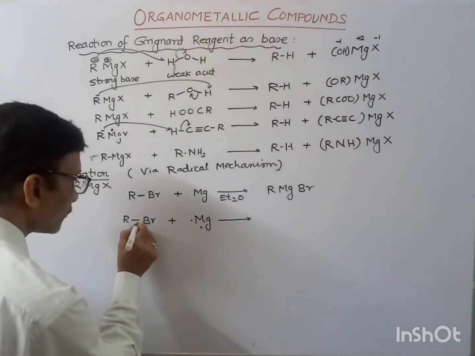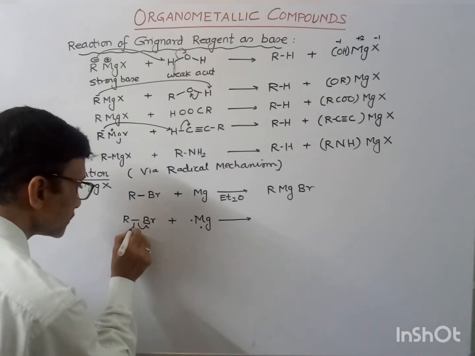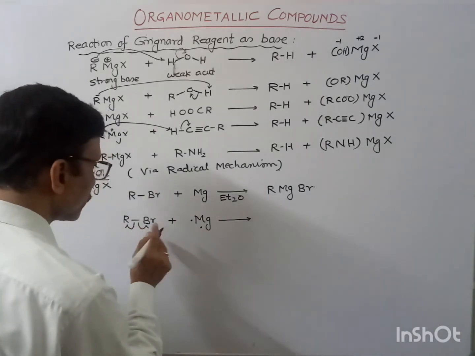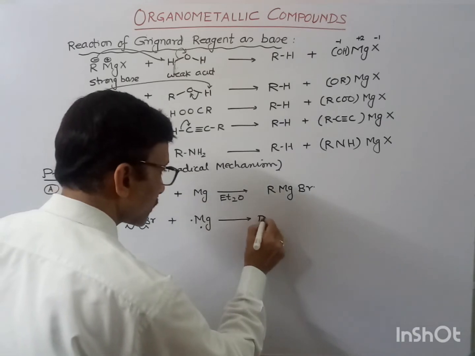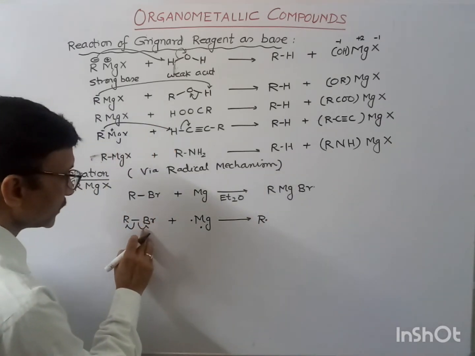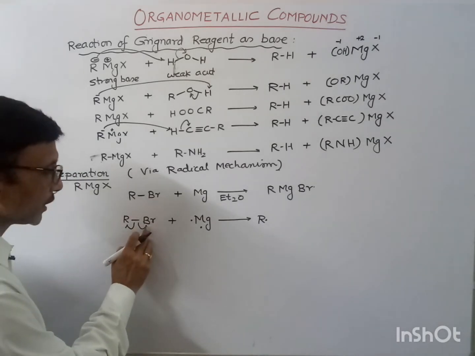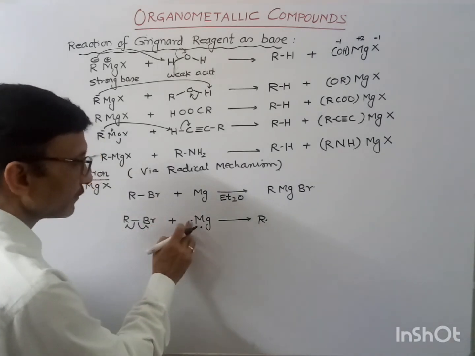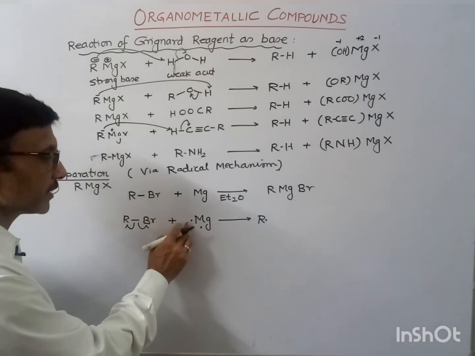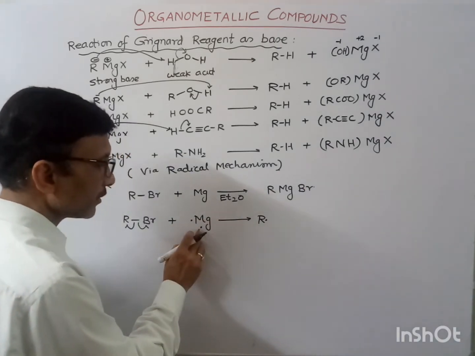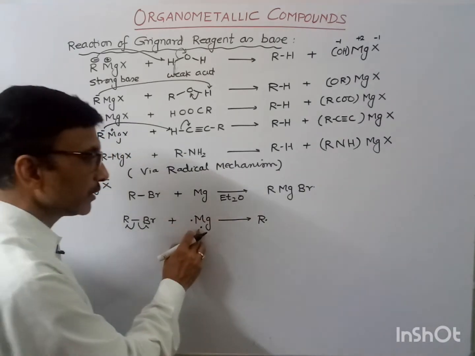And here by free radical mechanism, this R and this bromine having one radical will combine with one of the magnesium radical, and one electron will be left over the magnesium.